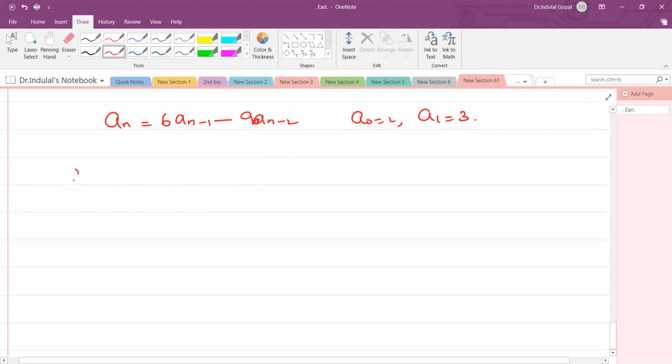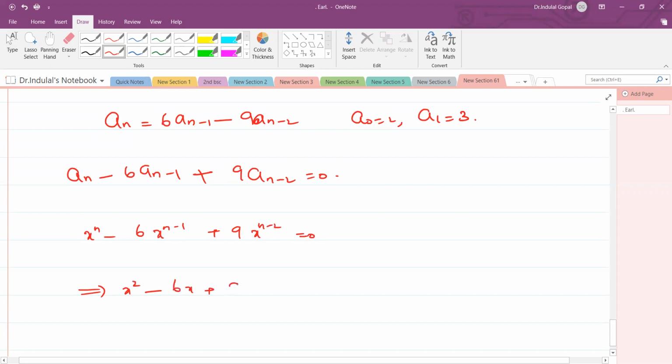Here also we write this as a_n minus 6 a_(n minus 1) plus 9 a_(n minus 2) equal to 0. So the characteristic equation is x raised to n minus 6 x raised to n minus 1 plus 9 x raised to n minus 2 equal to 0, which implies x squared minus 6x plus 9 equal to 0 is the characteristic equation.